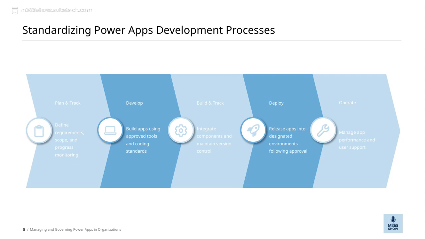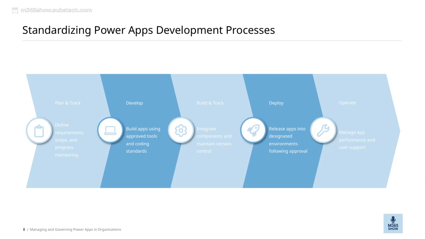Moving on, deployment involves integrating various components of the app and maintaining strict version control. This helps us track changes and avoid conflicts or errors down the line. Building and tracking are also critical, using approved tools and adhering to coding standards to develop our apps. This consistency supports quality and simplifies maintenance.